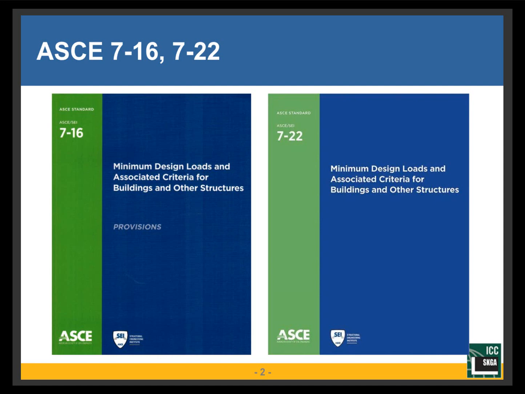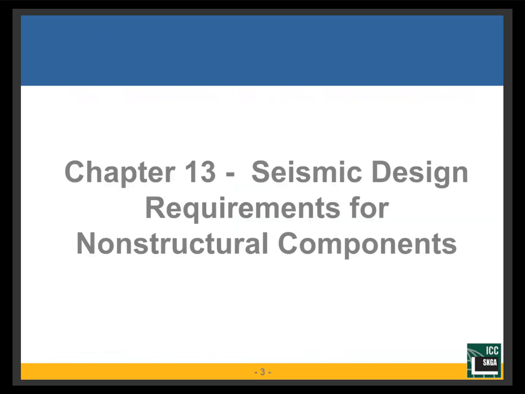And then last week we did part 4 on chapter 12 of ASCE 7, which is seismic design of building structures. Today's part 5 is devoted to chapter 13 of ASCE 7, which is seismic design requirements for non-structural components.